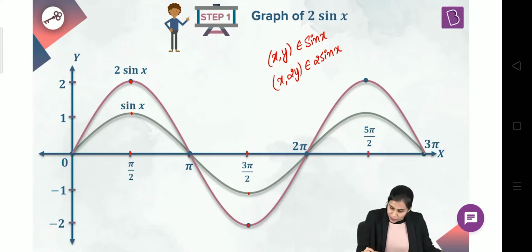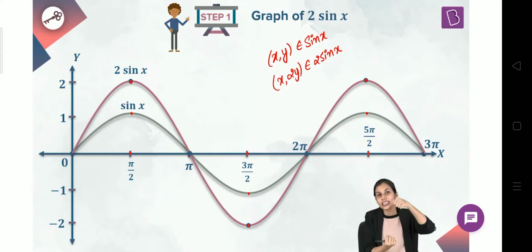At 5 pi by 2, sine x is 1, and at 5 pi by 2, 2 sine x is twice of 1, which is 2. Obviously, the points at which sine x is 0, 2 sine x is also 0. That is why the points at which the two graphs are intersecting the x-axis are exactly the same. Because of this logic, when I vertically stretch the graph of sine x by 2 times, I get the graph of 2 sine x.